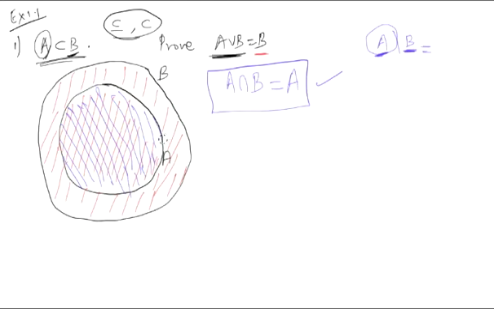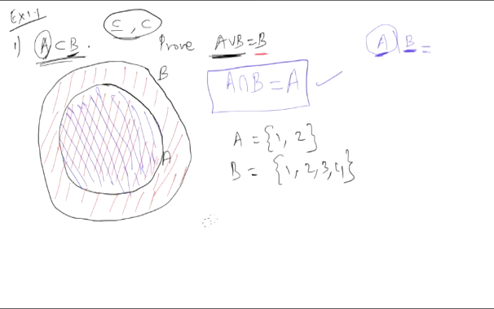You getting it? Now we will use an example for this. Take A as 1, 2 and B as 1, 2, 3, 4.